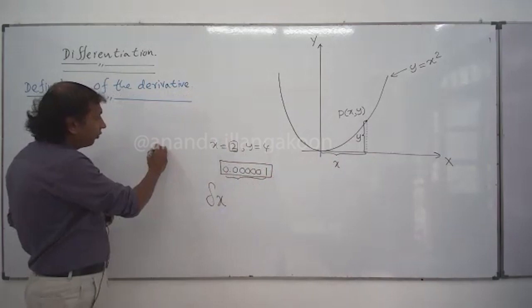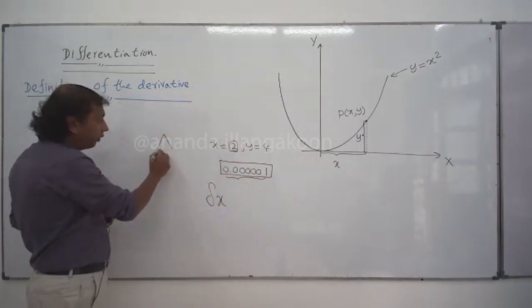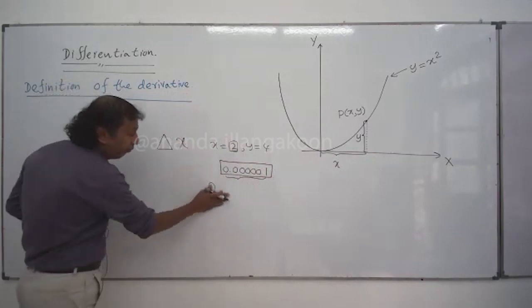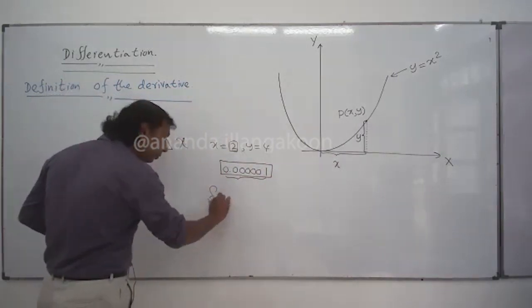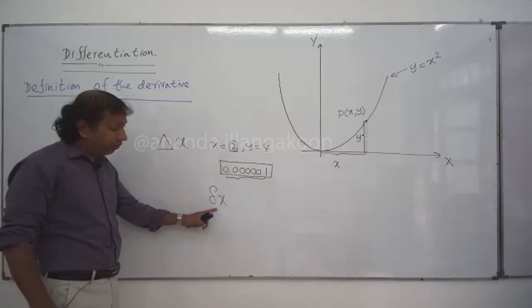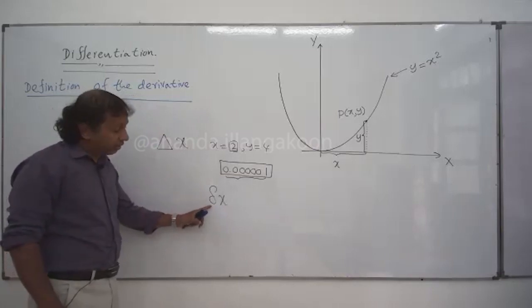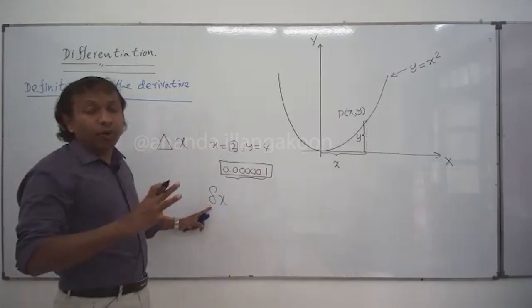We have another letter for delta, a triangle like this. That way also we sometimes write this, but I am writing it like this, delta x. What is this delta x? Delta x means a very small value of x. The delta stands for very small.